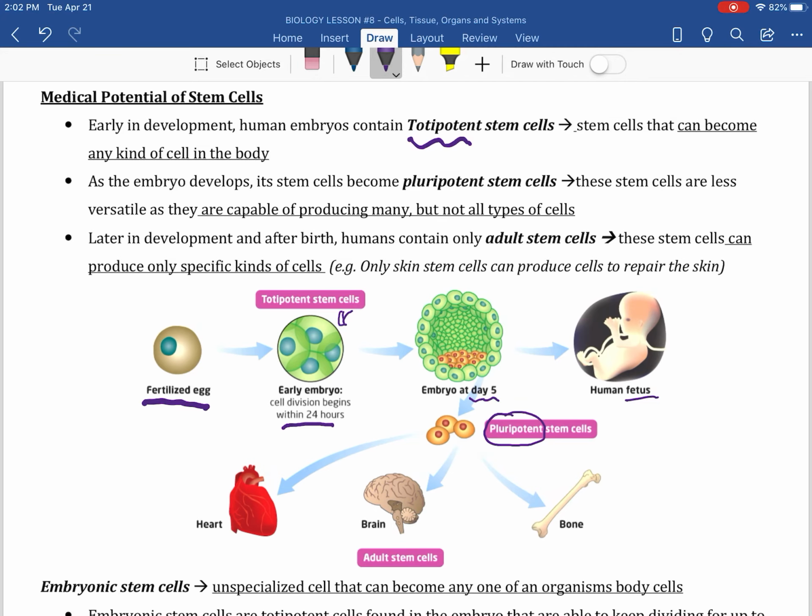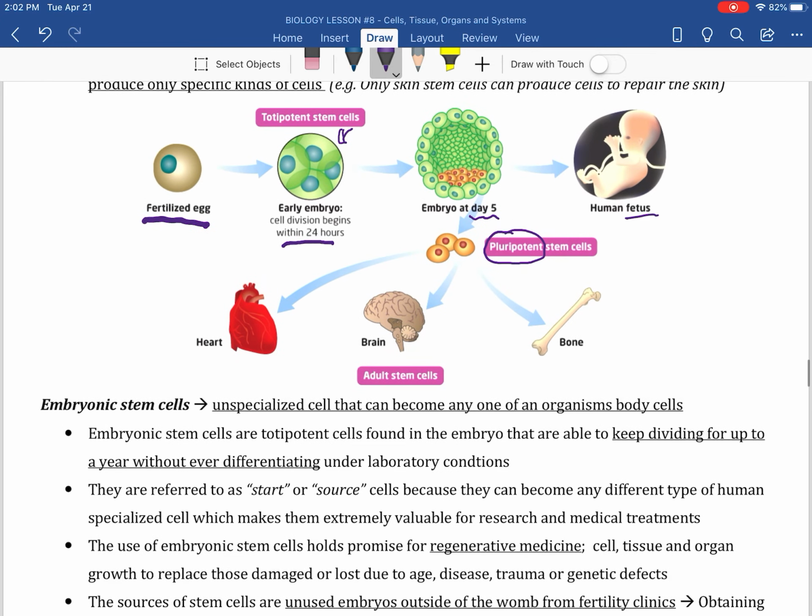Once we are born, the baby's cells can only make adult stem cells. And at this stage of the game, you're limited to the types of cells that these stem cells can make. There's not as many options.